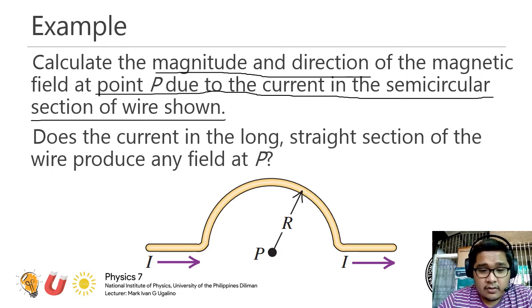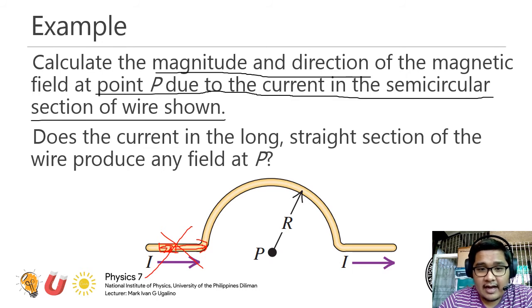If you consider a dl somewhere here, it is pointed in this direction. R hat is pointing from the source point to the field point. Therefore, it's in the same direction as your I hat, so this will not contribute to the magnetic field at point P.